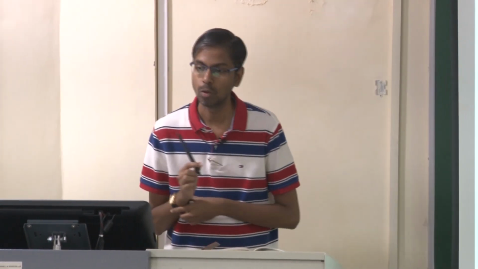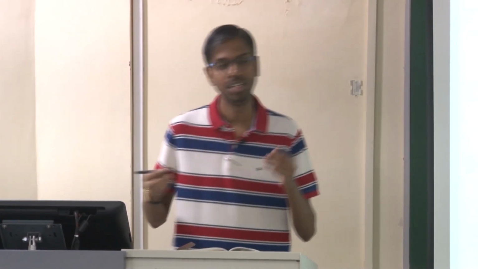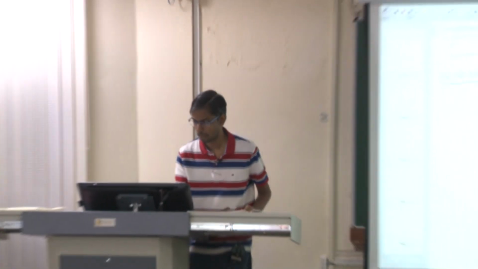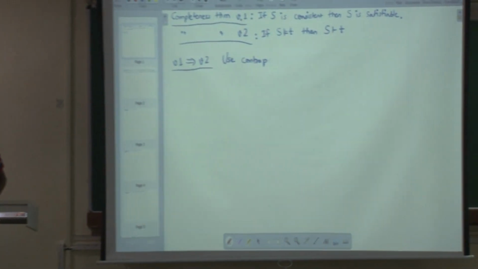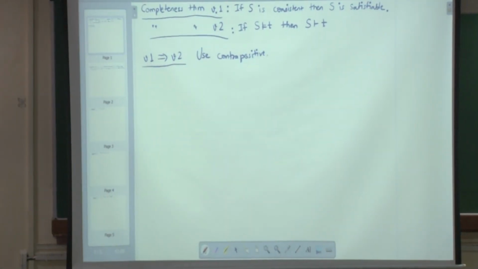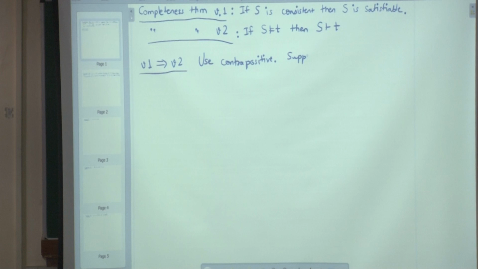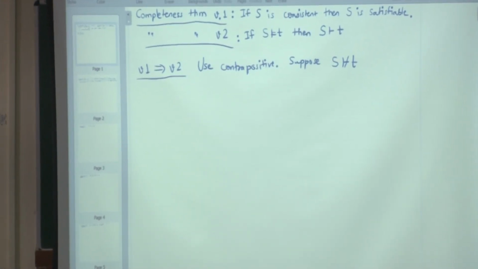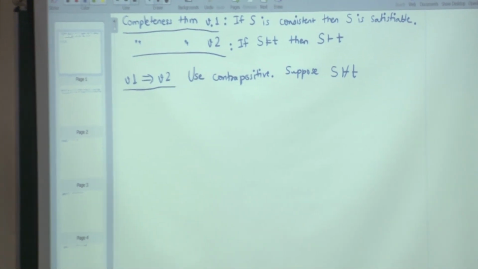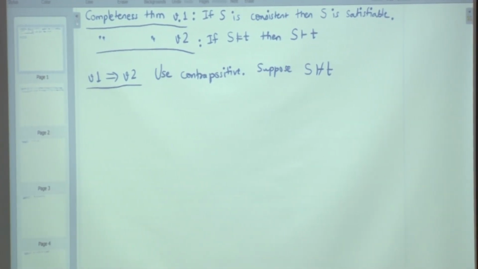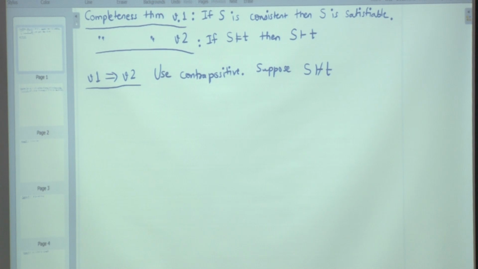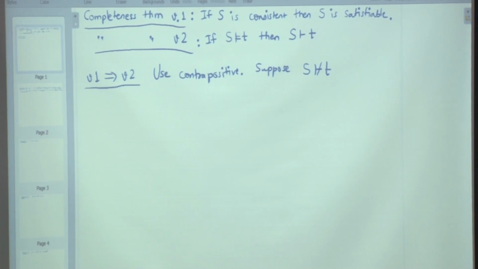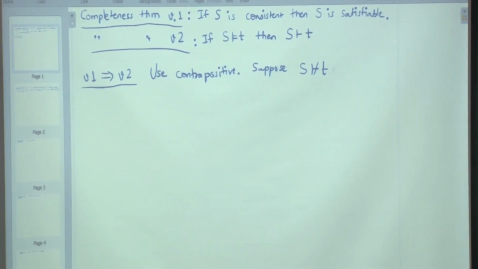Contrapositive, okay. So let us use contrapositive. Suppose there is no deduction of T from S, then S is consistent.